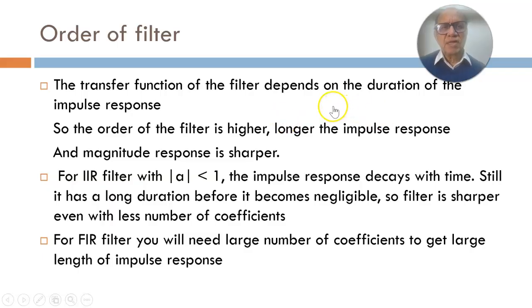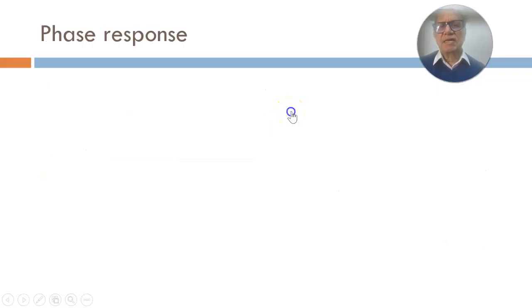So there are 2 points. One regards stability. The IIR filter could become unstable. FIR is inherently stable. But for the given order, the IIR filter in general will be sharper than the FIR filter. Okay. Let us now look at one more property which is different for FIR and IIR, and that is the phase response.